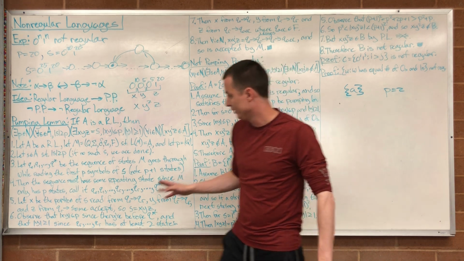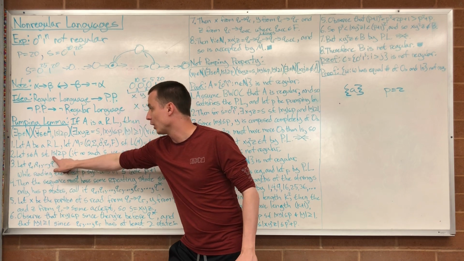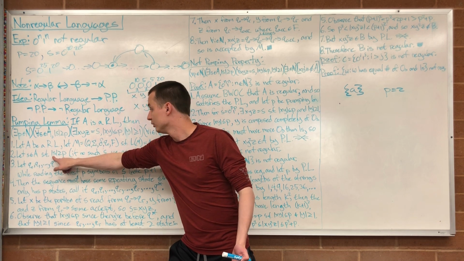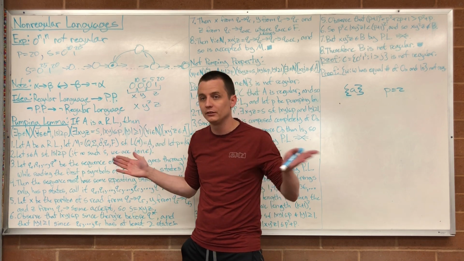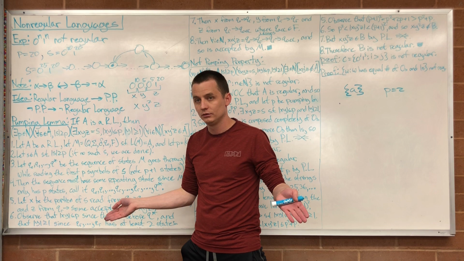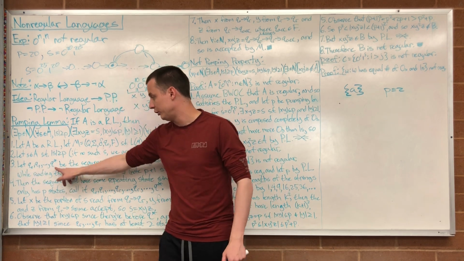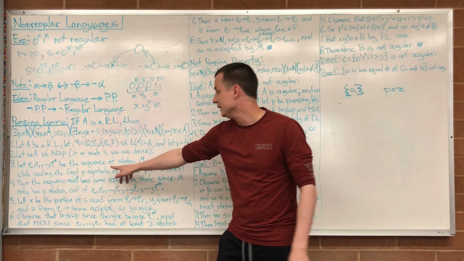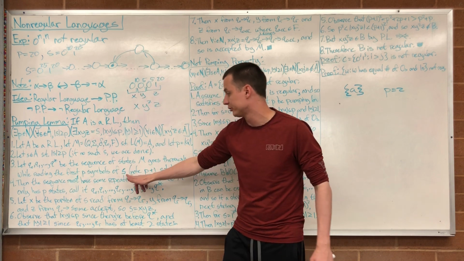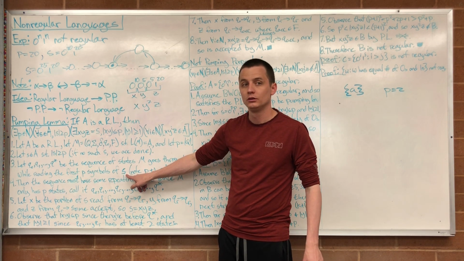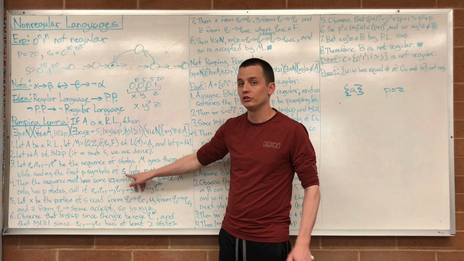Okay. So we've got our string S, and so far, what do we know about S? S has length greater than or equal to P, greater than or equal to the number of states in the machine. Good so far? So let Q naught, Q1, dot, dot, dot, Q star be the sequence of states M goes through while reading the first P symbols of S. So S is some string.